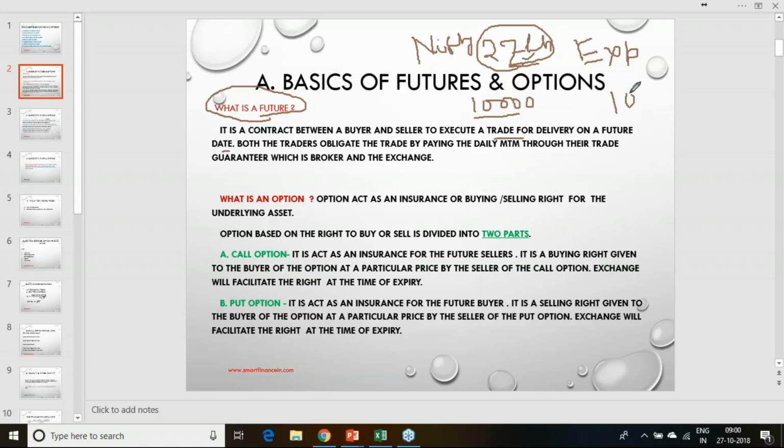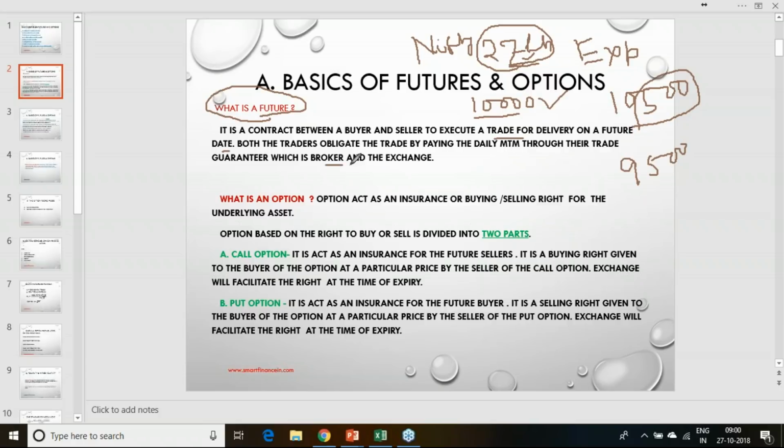At that time, if the Nifty is at 10,500, then the person who sold to you has to bear a 500 points loss. If at that point Nifty is at 9,500, then you have agreed to buy at 10,000, so you will bear a 500 points loss, that is 5,500 rupees.